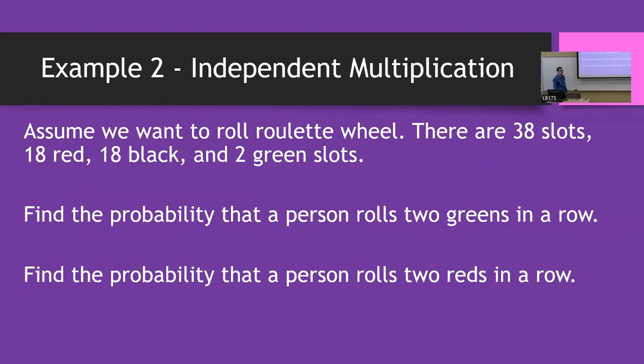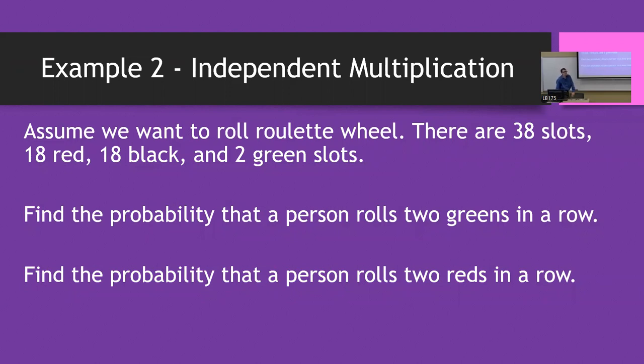So let's go to our roulette wheel example. All right. So in the casino, there's this thing, it's a roulette wheel. And again, you don't need to be a great expert on the casino. If I ever ask you to do some calculations with a roulette wheel, I'll give you the basics of what you need.